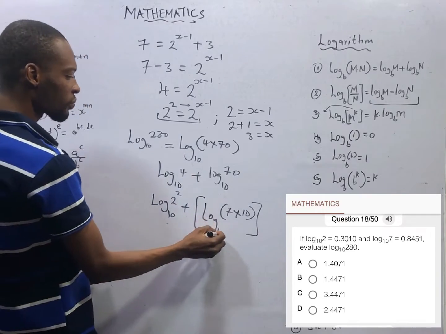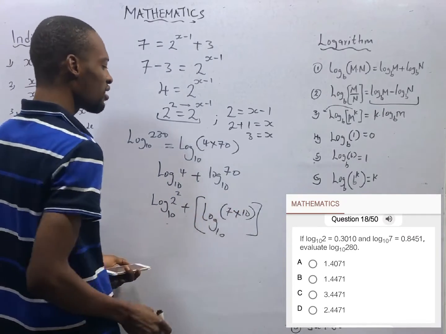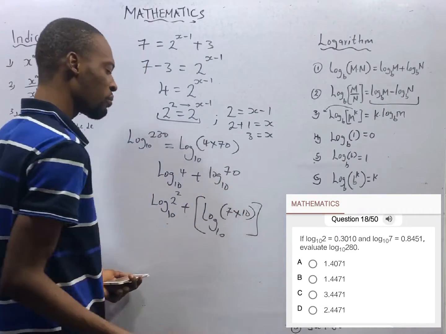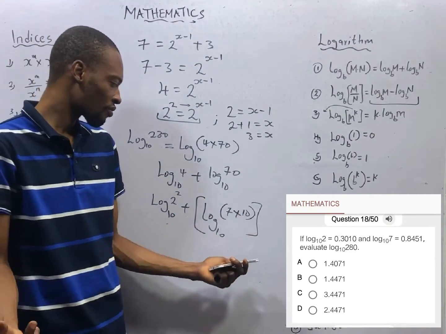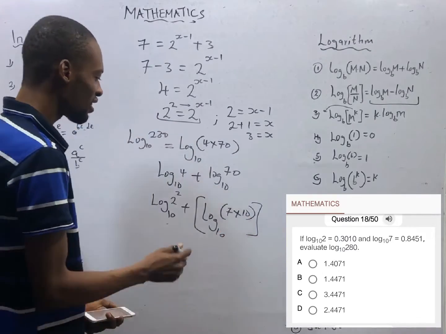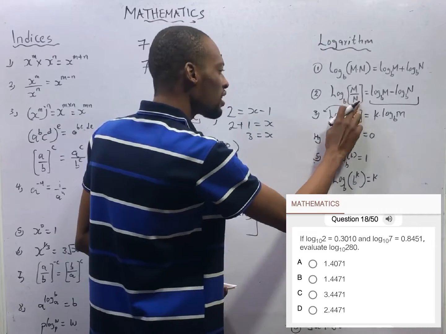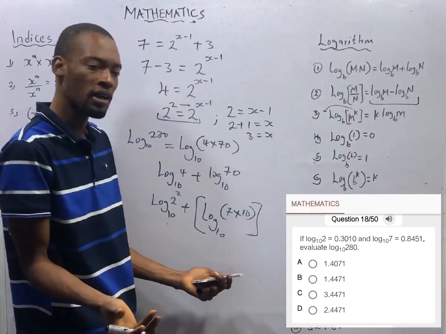So log 10, 7 times 10 is the same thing as log 7 plus log 10 to base 10. This is the multiplication law. And from the law of logarithm, if you have log base m raised to the power of k, you bring down the power.